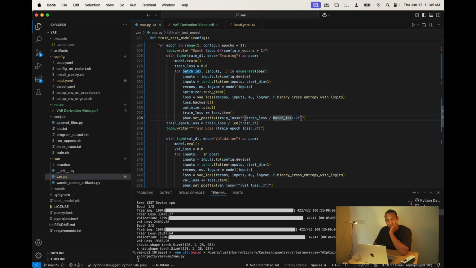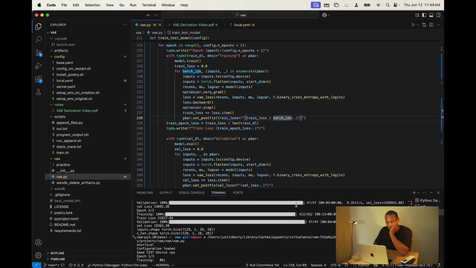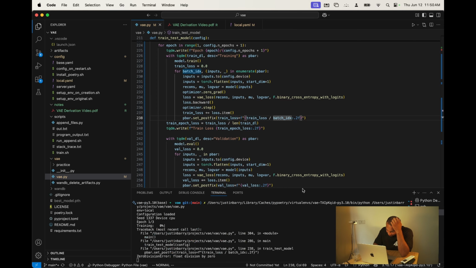I think that should give us what we want. It might not be perfect, but it should be a good approximation, a relatively unbiased approximation. Division by 0. Oh, okay.